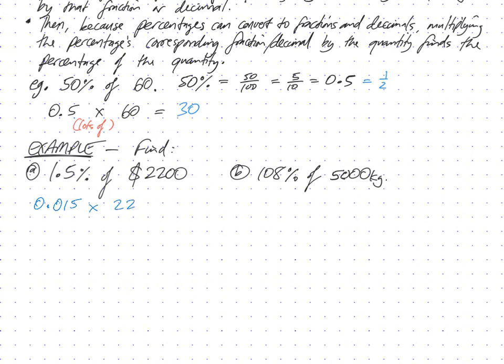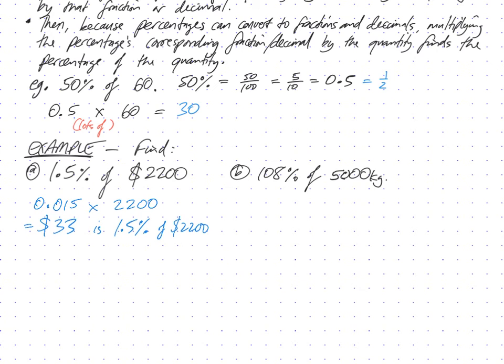Lots of 2200. Now that's going to be 0.015 times by 2200. That's going to be $33. Is 1.5% of 2200.